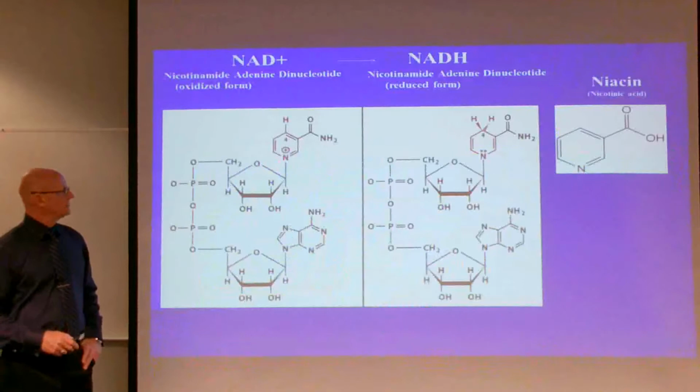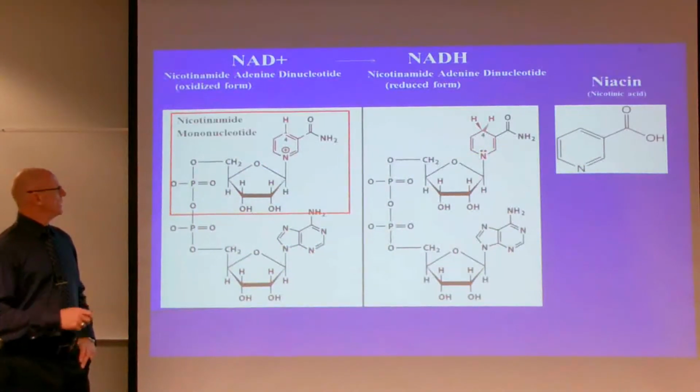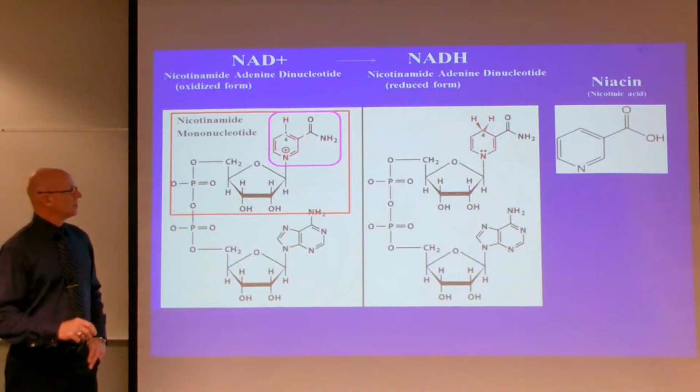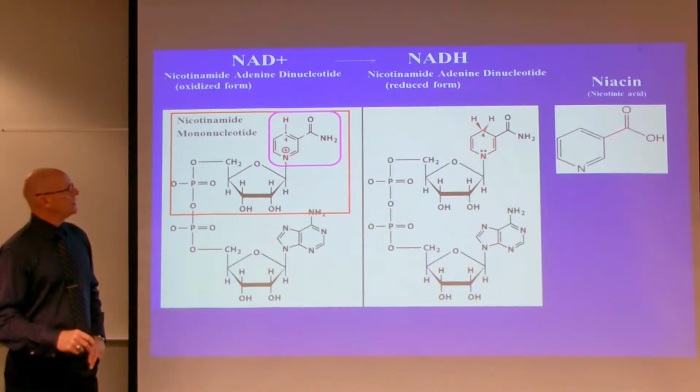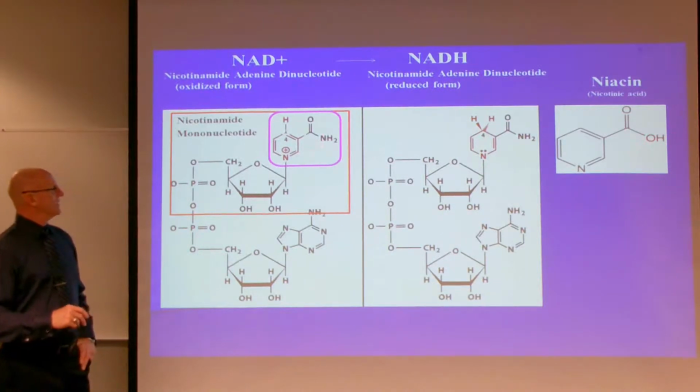So let's go back to that. And this is the nucleobase here, and this is very, very similar to niacin. This is the structure that I was saying is considered to be niacin. Now the difference here is nicotinic acid has a hydroxyl here instead of having the amine group put on at this point here.